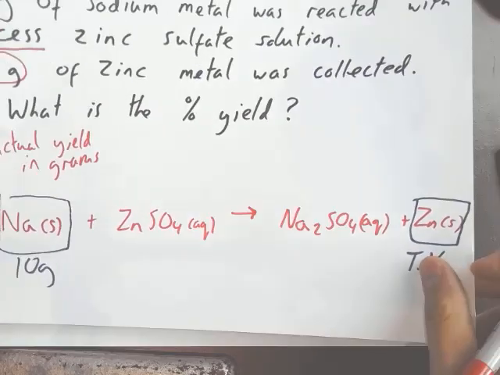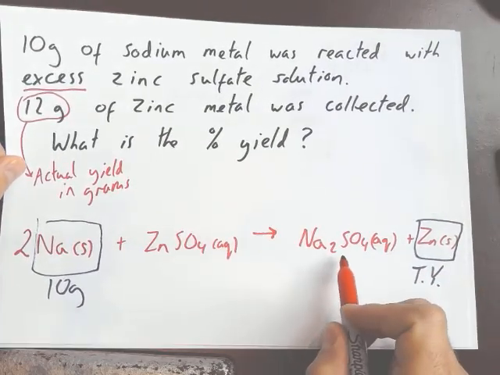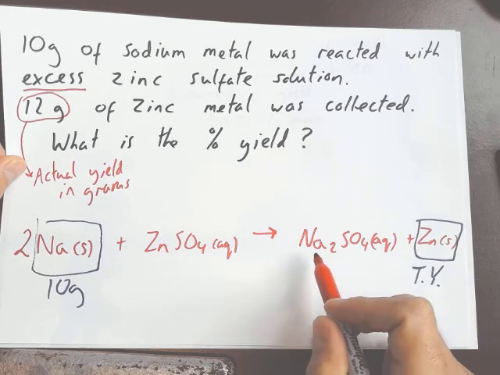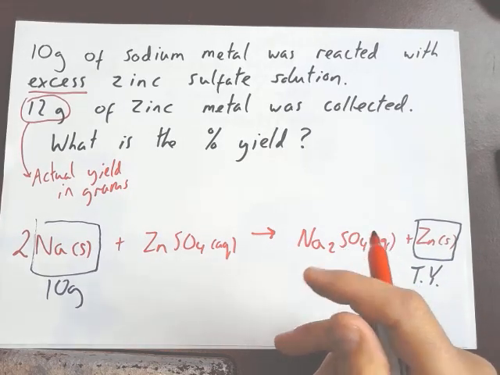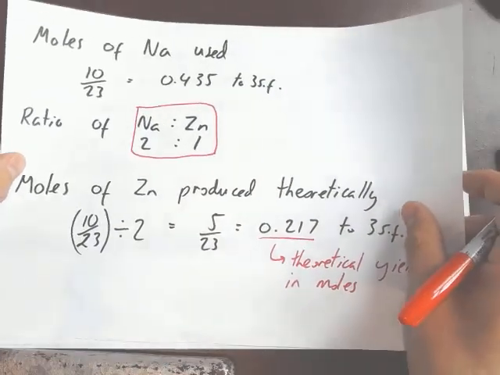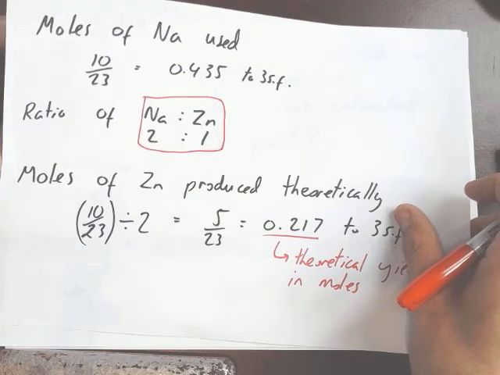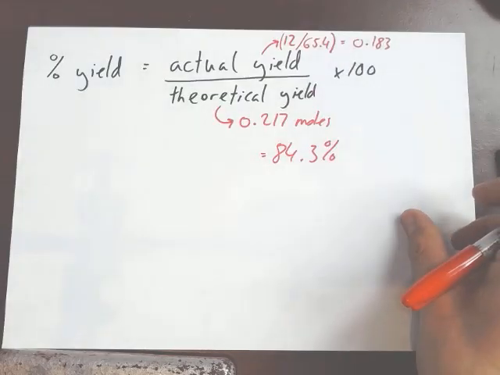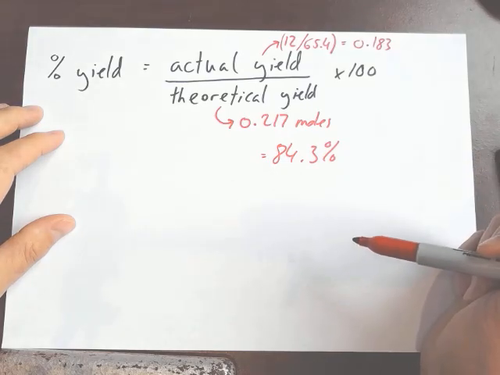So just to run through the main things that we did here, this example shows you why it's really important to do a balanced equation to start off with. It's important that you know how to write your formulas. If you thought it was NaSO4, the whole thing's gone down the pan, hasn't it? Look at your ratio before you work out your theoretical yield, and when you're using this equation, I suggest that you do it in moles and you're less likely to make a mistake.